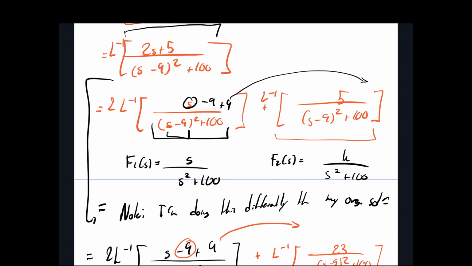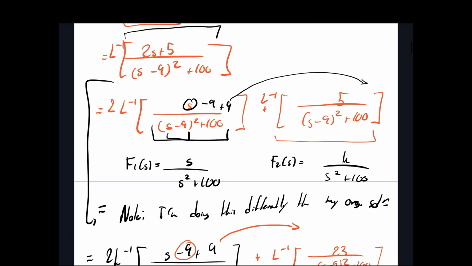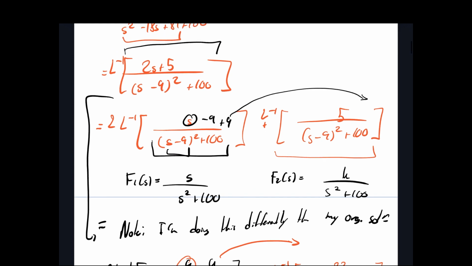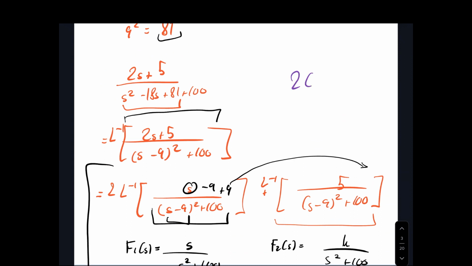Okay, so this is the right one. So you could factor out the 2 and try and work with it like that, as in write this in a different color. So 2 times s plus 5 over 2, over s minus 9 squared plus 100.